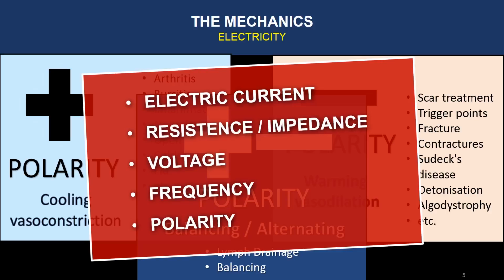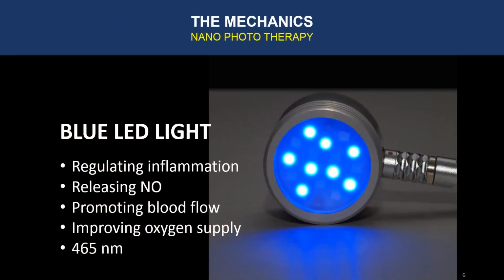Okay, this is for the electricity part, and the machine also has nanotherapy. Now you have these blue and red LED lights. The blue light regulates inflammation, releases nitric oxide, promotes blood flow, and improves oxygen. It's at 465 nanometers.